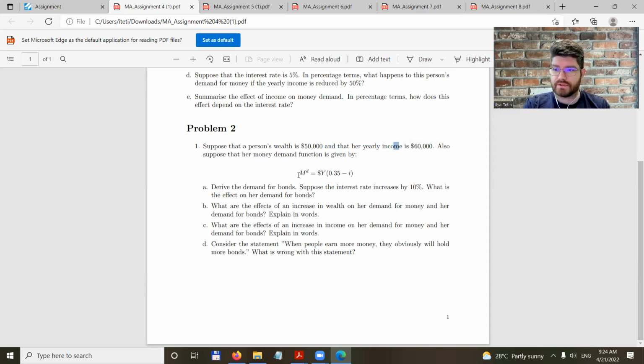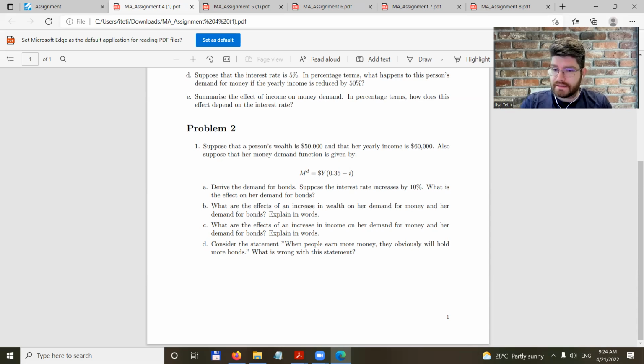So the difference we place on the left-hand side: 50,000 minus 60,000 times 0.35 minus i. And then we have the interest rate increasing by 10 percentage points. So here the bond demand will increase by 6,000, I guess.